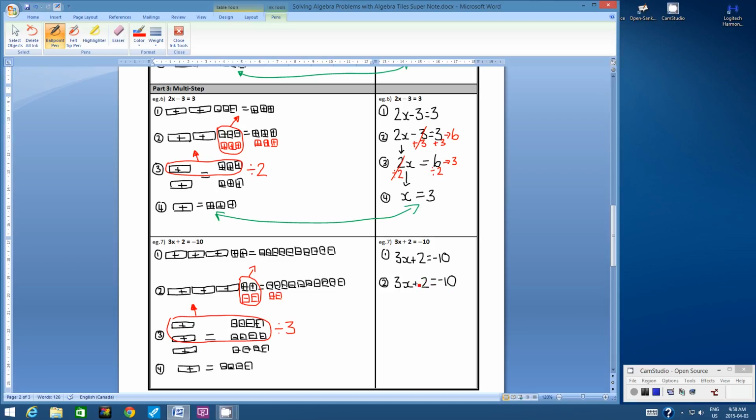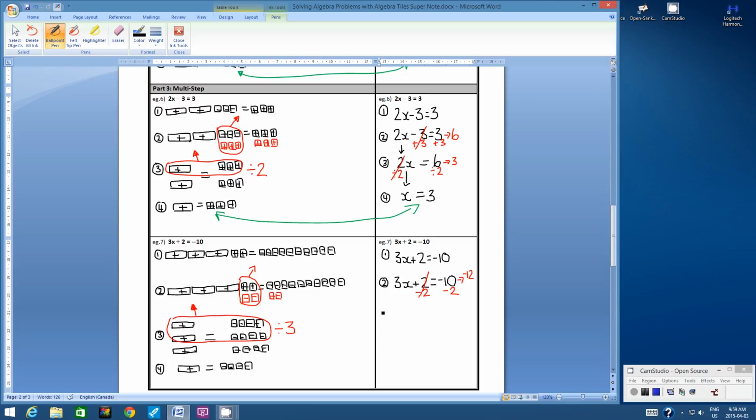So let's get rid of the plus 2. We're going to use reverse BEDMAS here. So to get rid of a plus 2, we subtract 2 on both sides. So plus 2 subtract 2 cancels each other out because it's actually 0. -10 subtract 2, remember your integer subtraction rules, is -12.